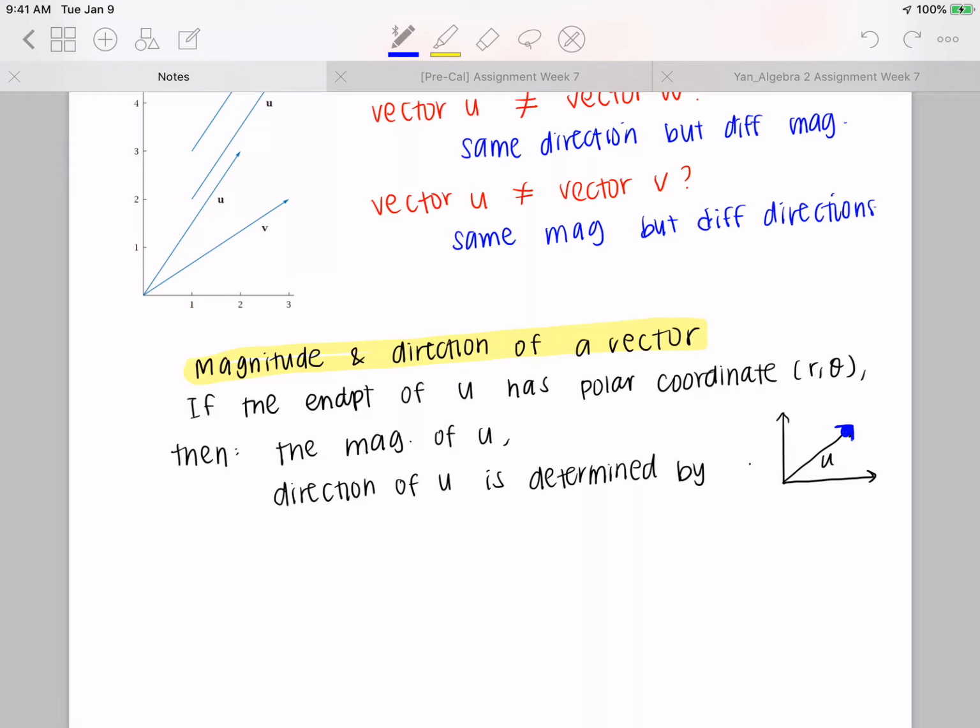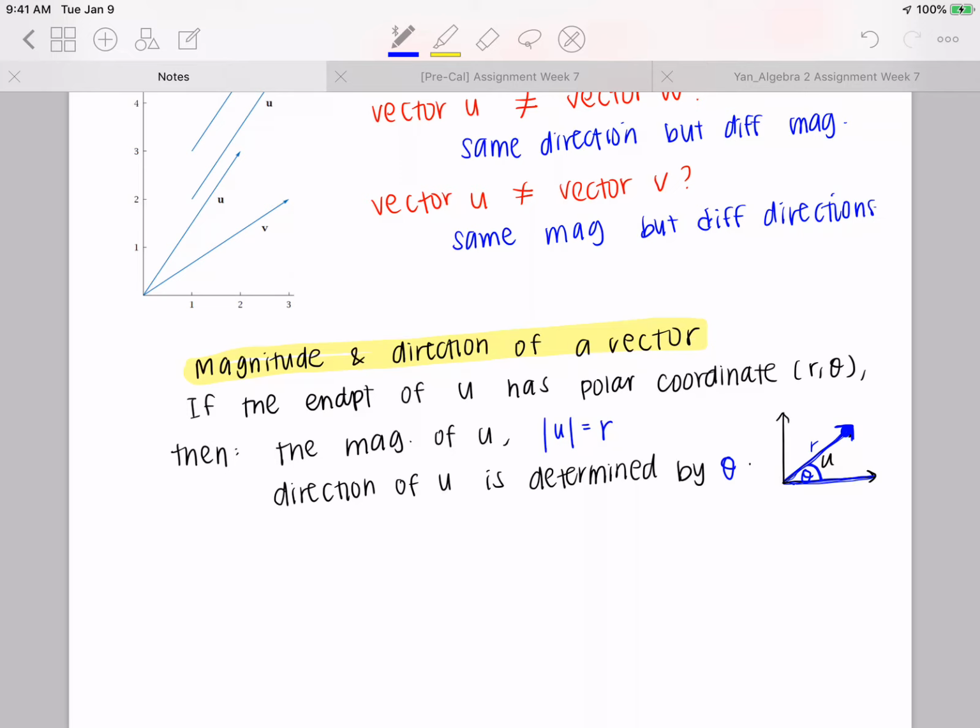Then the magnitude, the absolute value of u, equals r. This length right here can also be called u, and it's really also r. And the direction of u is determined by theta. It goes from your horizontal positive axis to the length that you want. That angle right there is considered the direction.